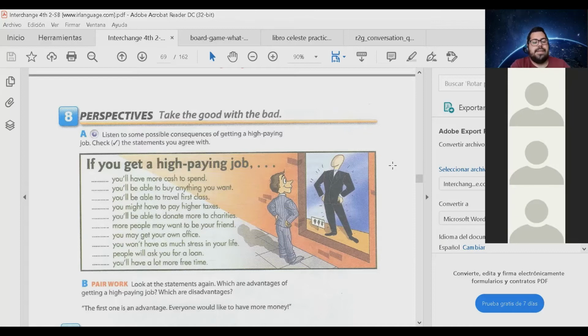If you get a high paying job, you won't have as much stress in your life. Well, it depends, guys. That one doesn't convince me too much. If you have a higher salary, a high paying job, I imagine that you have more responsibilities, right?